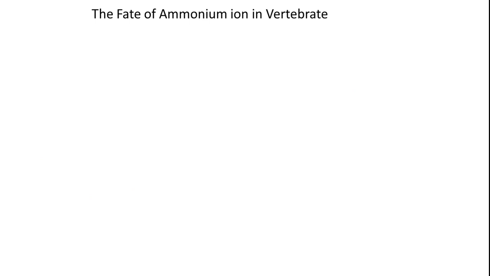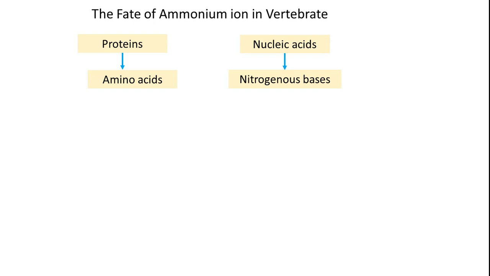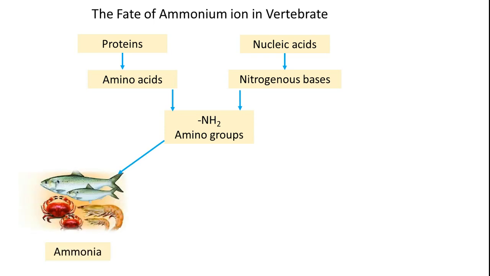Now, the fate of ammonium ion in various types of animals, in vertebrates. Here proteins are converted to amino acids and nucleic acids to nitrogenous bases, and from there the amino group is obtained. In fishes like bony fishes and most aquatic animals, the amino group is eliminated majorly as ammonia.